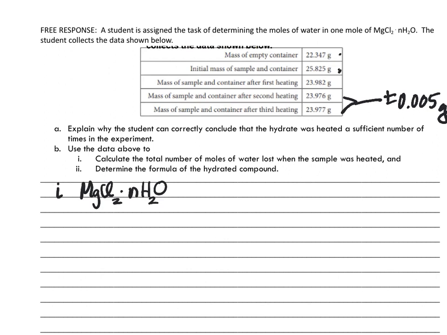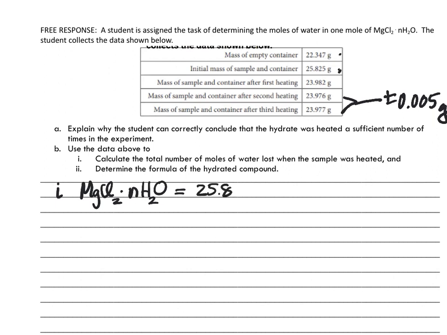They like to use n here because it's technically a number of moles in a mole-to-mole ratio. And so here, what would we do to figure out just the mass of our hydrate? The mass of the initial sample and container minus the mass of it after.